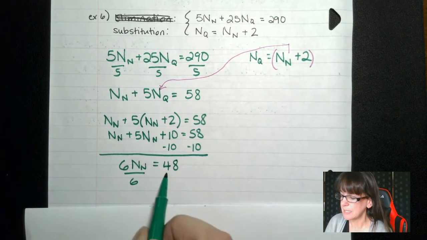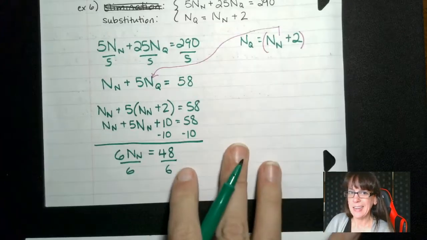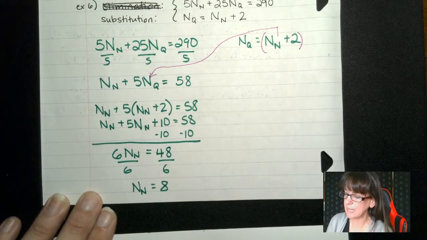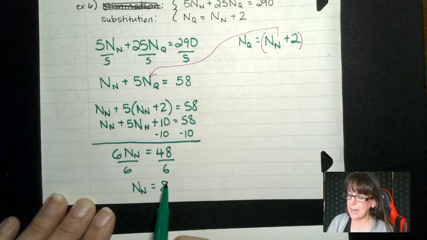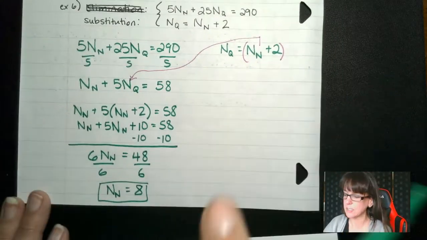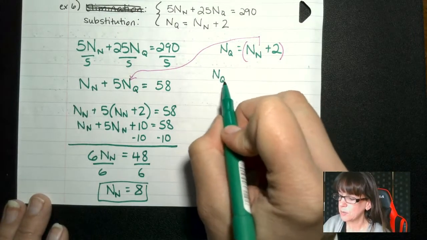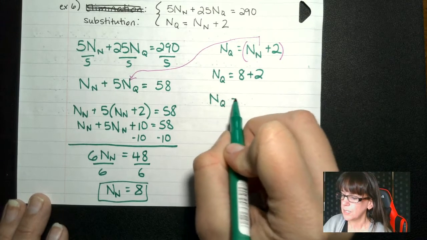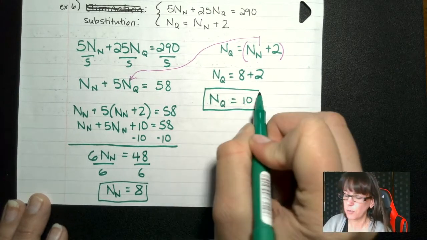Divide both sides by 6. I get nn equals 6 times 8 is 48, so nn equals 8. Now that I know this information, I can plug it in right up here. I already know nn is 8. So nq equals 8 plus 2. nq equals 10. And there are your answers.